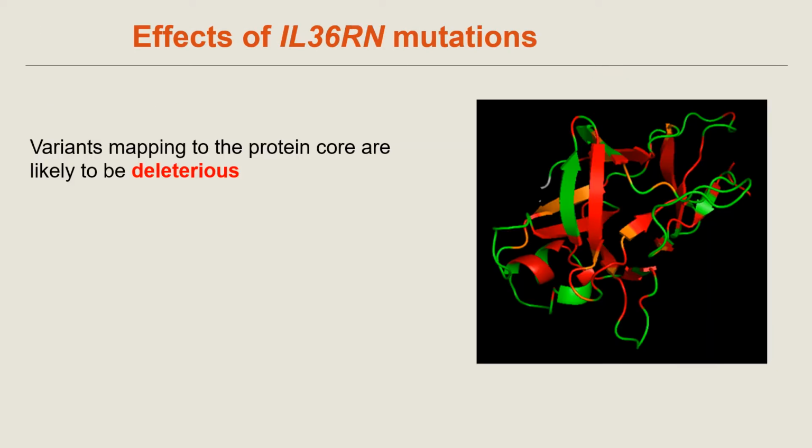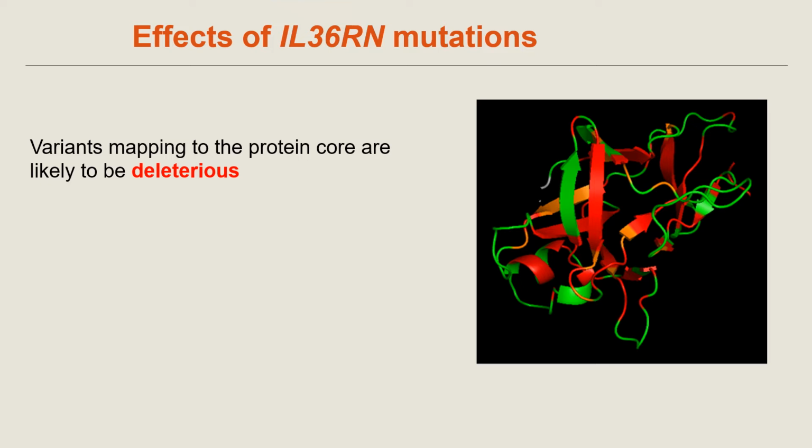And so to investigate this a bit further, my group has been systematically characterizing at the experimental level all the IL36RN mutations that have been published in the literature. And then we've correlated the results of our experiments with the position of those mutations on the three-dimensional structure of the IL36RA protein. And in doing so, we found some recurring themes.